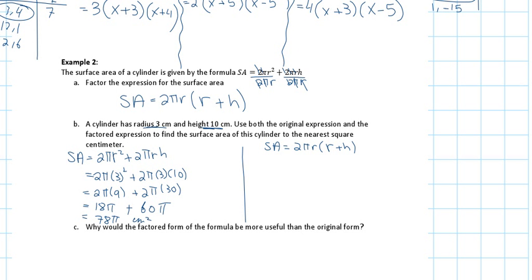Let's do the same thing with the second one. So I have surface area equals 2 pi times 3, and then multiplied by 3 plus 10. Is it something like squared? Yep. Because surface area is anything that's area, it's squared.